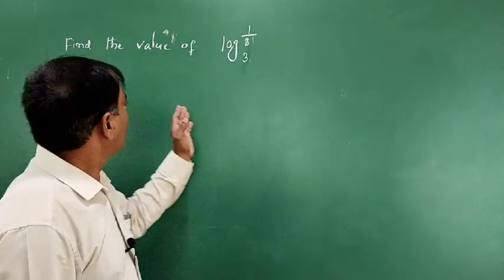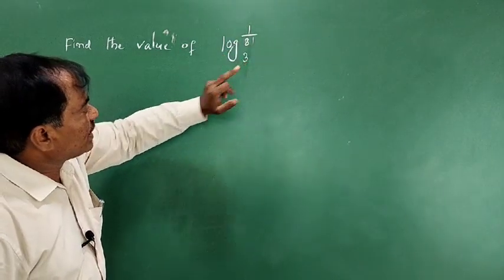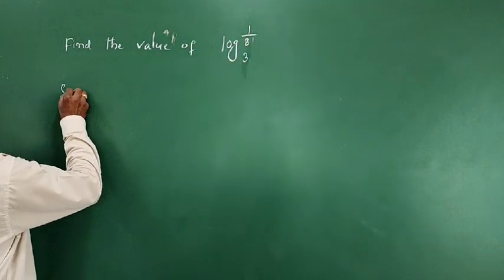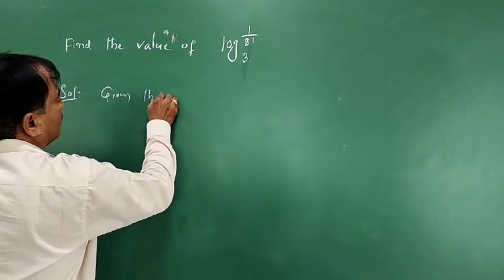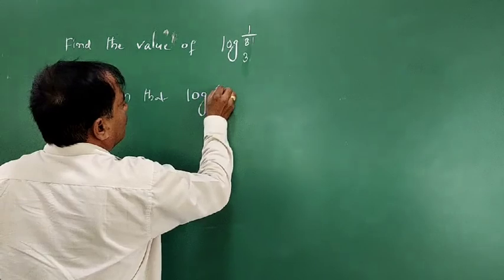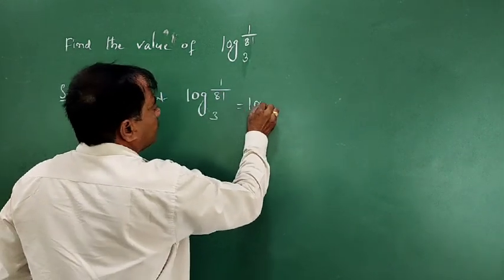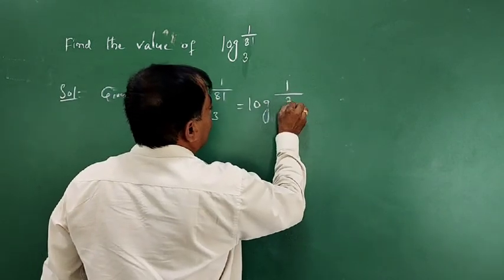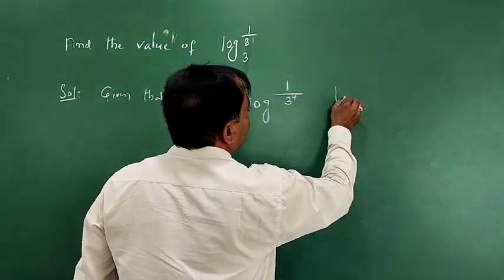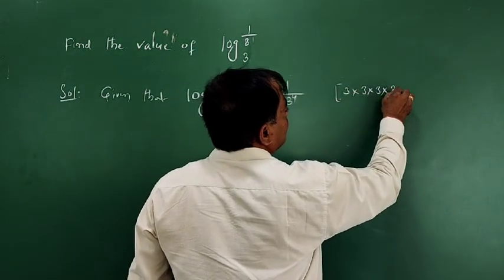In the next example, find the value of log 1 by 81 to the base 3. Solution. Given log 1 by 81 to the base 3. This 81 can be expressed as 3 to the power of 4. 3 3s are 9, 9 3s are 27, 27 3s are 81.